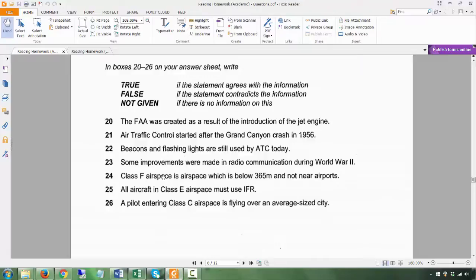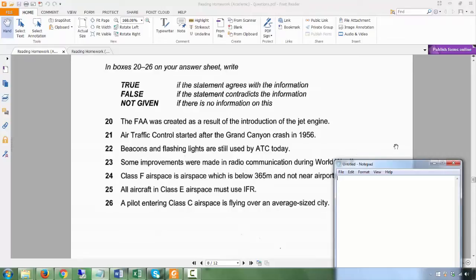The answer is true, okay? Class F airspace is airspace which is below 365 meters, all right? So, below 365 meters, not near airport. Is that true? Class F.